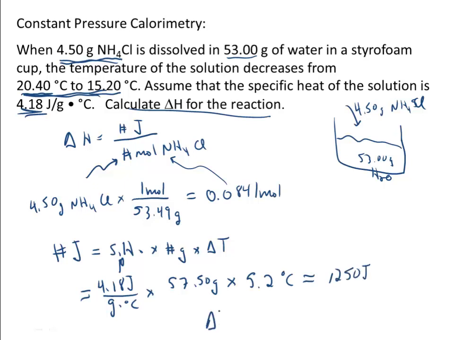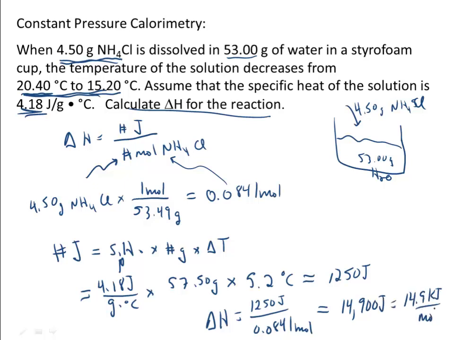So our delta H value then is 1,250 joules divided by 0.0841 moles of ammonium chloride. And that comes out to 14,900 joules, which is 14.9 kilojoules per mole. And that's how you do constant pressure calorimetry.